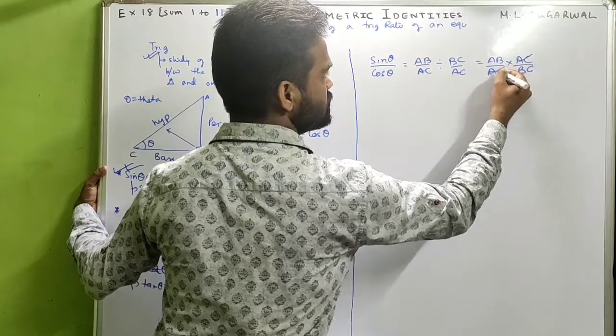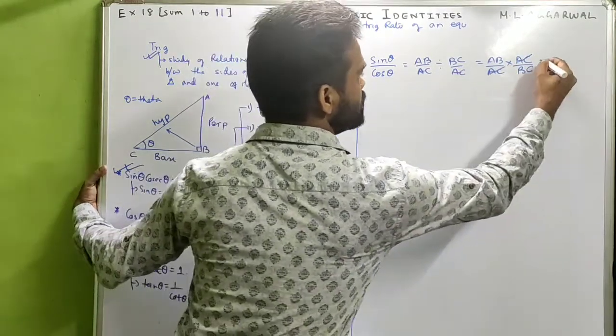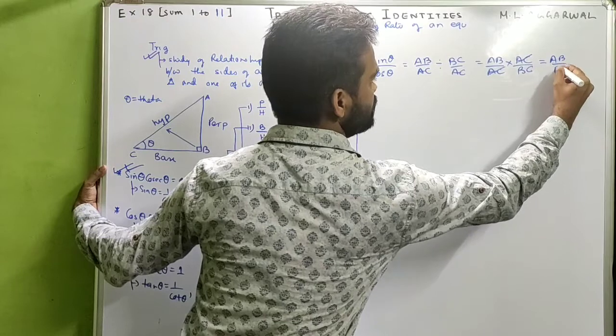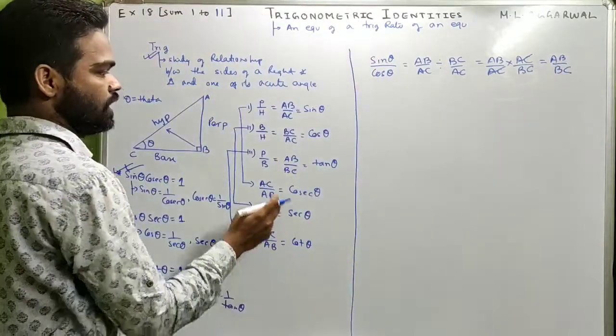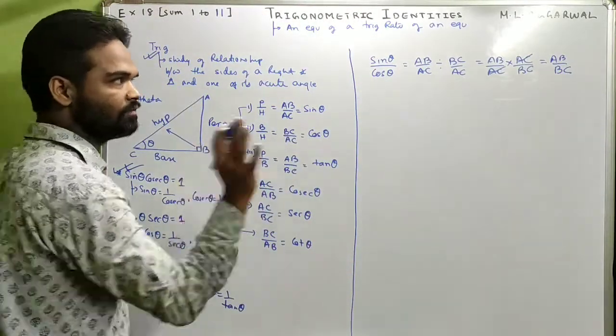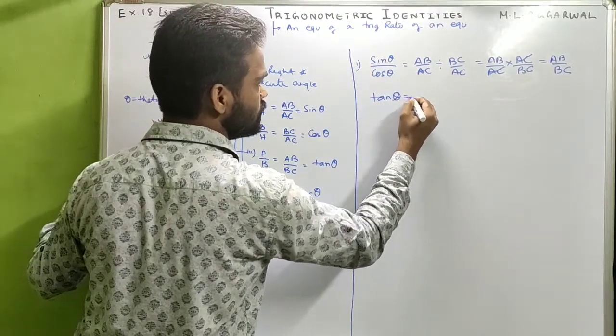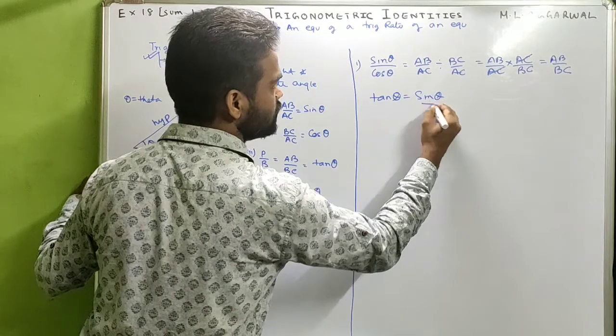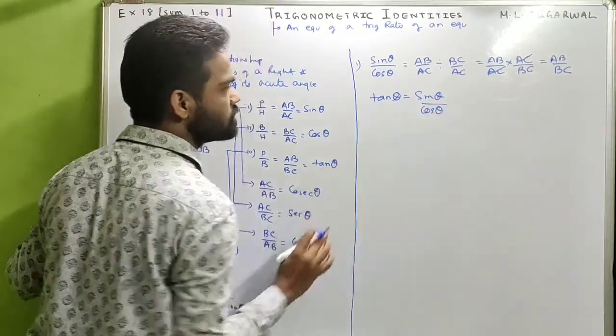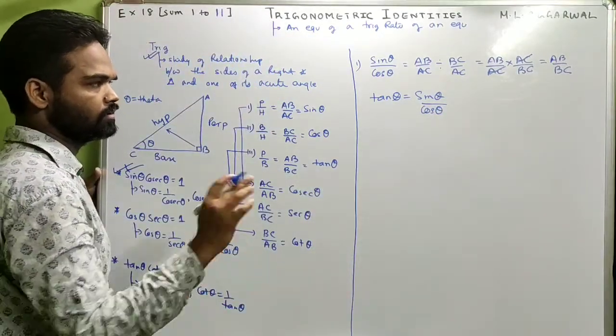So AC cancels out, which means it becomes AB by BC. And if you look carefully, AB by BC is nothing but tan theta, which means I can say that tan theta is equal to sin theta by cos theta. Am I clear or not?